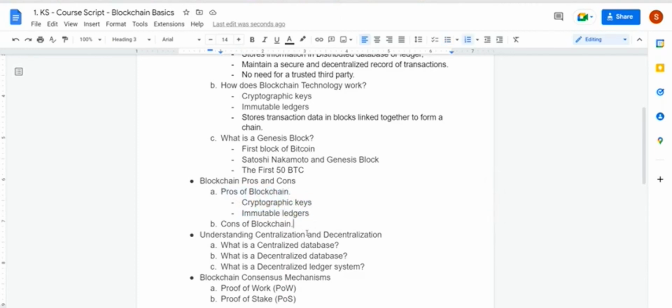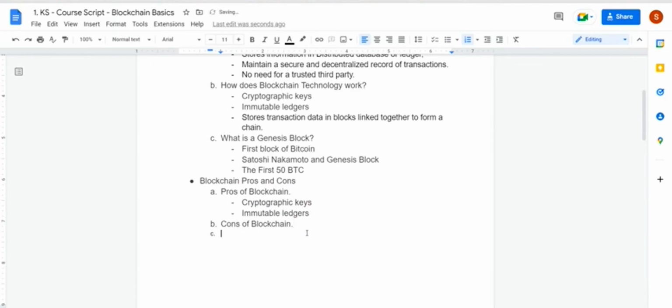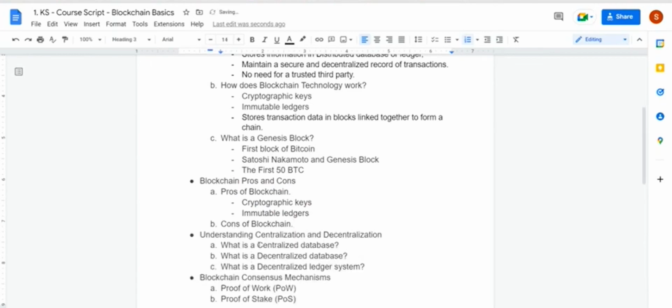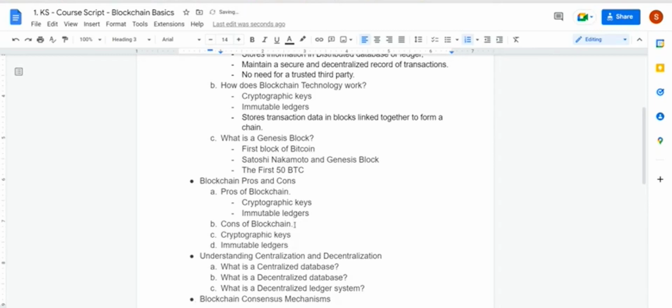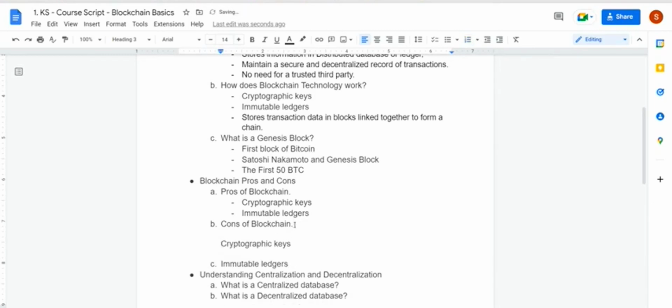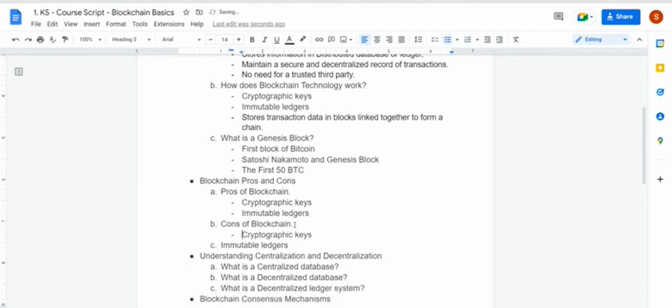And for cons of blockchain, what you can do is, from this point, if you want to set this, just write it like that and click enter, click backspace and click dash, and it will set like that.